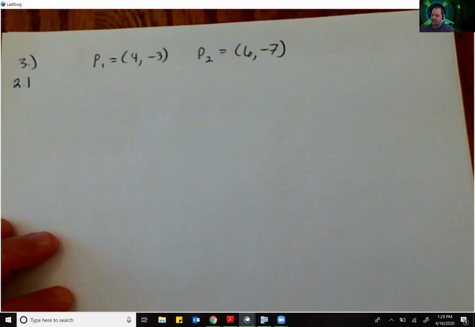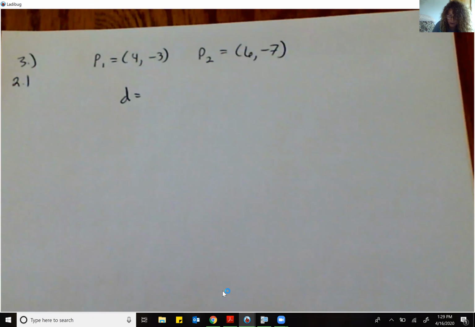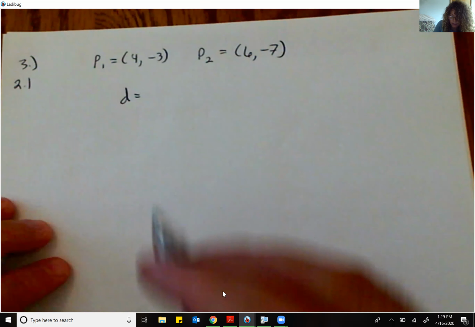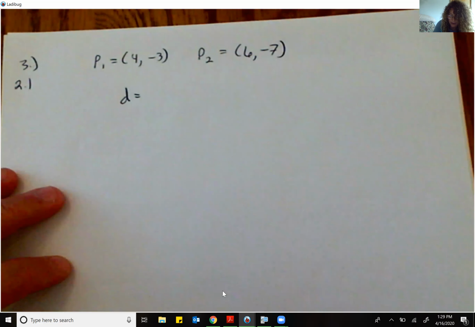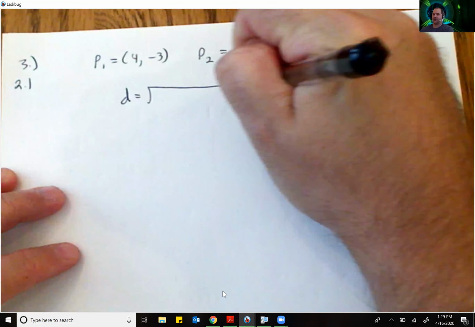What is the distance formula? Is it D equals x1 comma y1? Or no, D equals, I think you do the x squared plus the y squared. There's a giant square root.